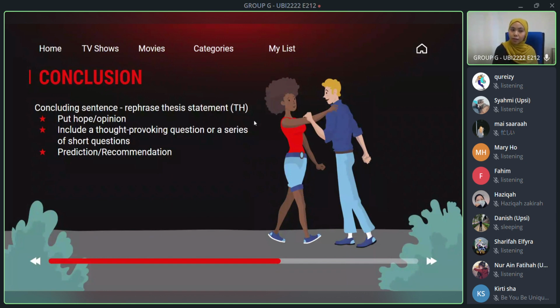So for the conclusion, you put a hope or opinion, or you include a thought-provoking question or a series of short questions, prediction or recommendation. Right, I'll give you a short, simple example. For example, remember that fish and visitors smell after 3 days? Okay, let's say you have started off with the paragraph, main body 1, main body 2, main body 3.